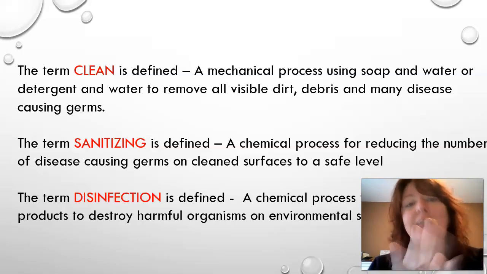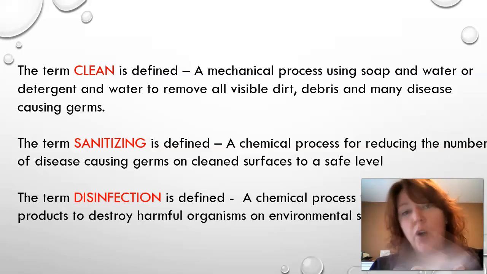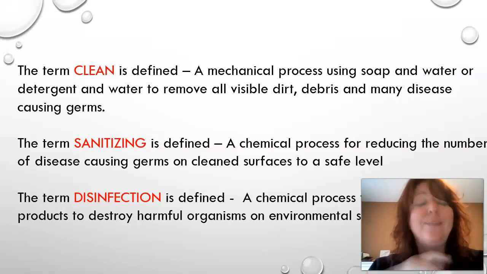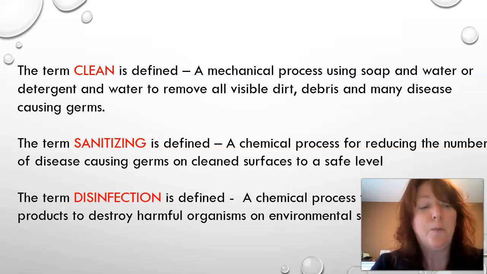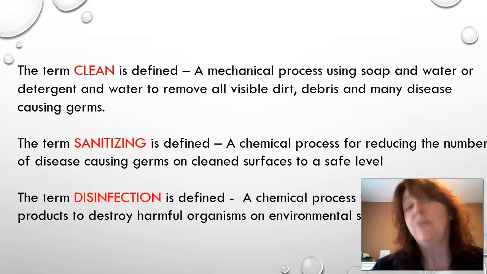Cleaning is actually washing it with soap and water. The term sanitizing is a chemical process for reducing the number of disease-causing germs on a clean surface to a safe level. And disinfection is defined as a chemical process that uses specific products to destroy harmful organisms on environmental surfaces. Really important that you understand the difference between those.